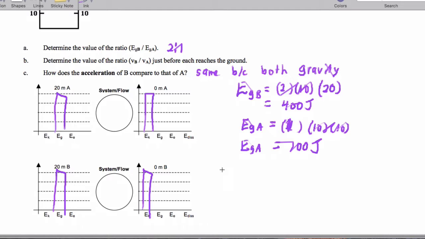All right, VB to VA, let's just do that. Let's just do both of these. We actually see here 400 joules equals 1/2 times 2 times V squared, versus 200 joules equals 1/2 times V squared.